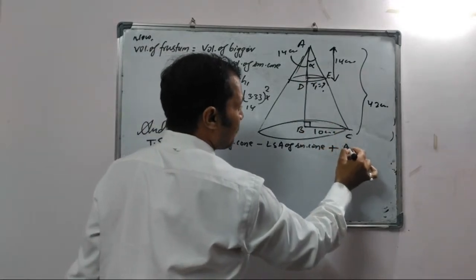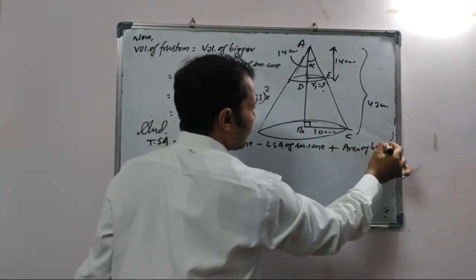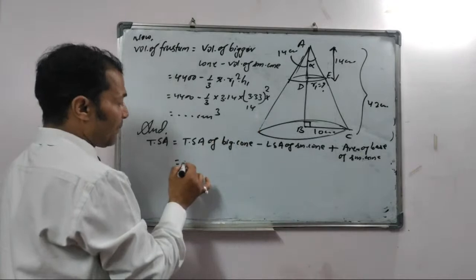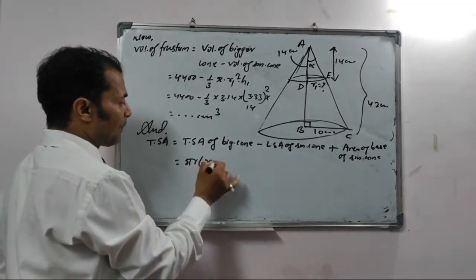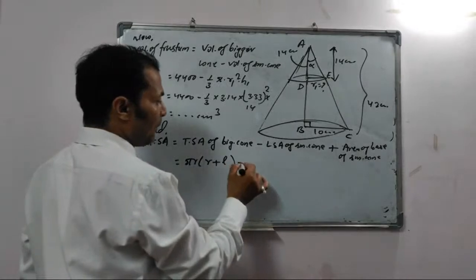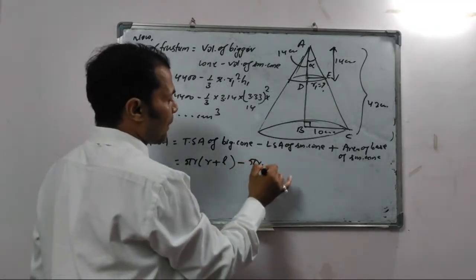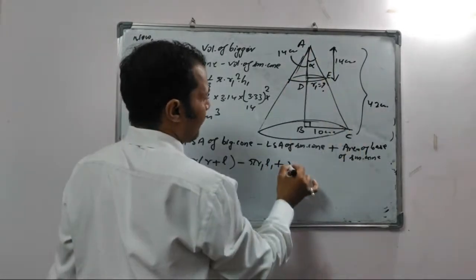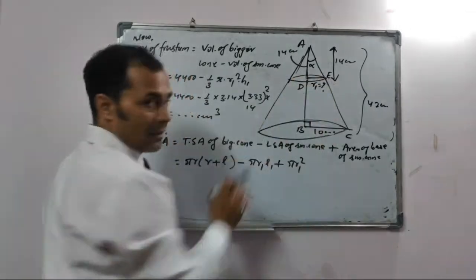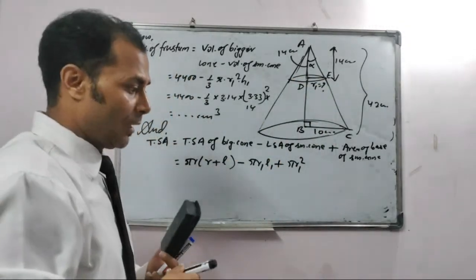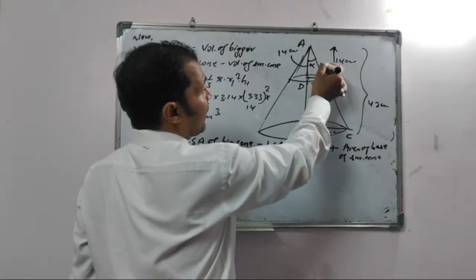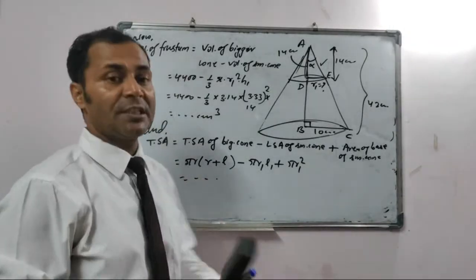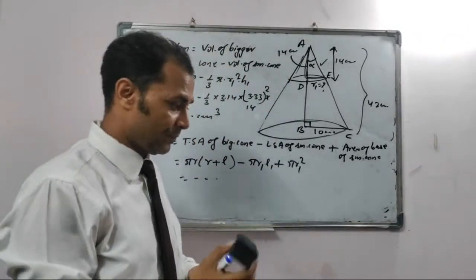So that is area of base of small cone. The formula for the total is pi r (r plus l), right? Minus LSA of small cone pi r1 l1 for this one, plus area of base here pi r1 square, right? Of radius r1. Now you can find l, as you have already found this and this, and just put the value. So this is the concept based on first term.